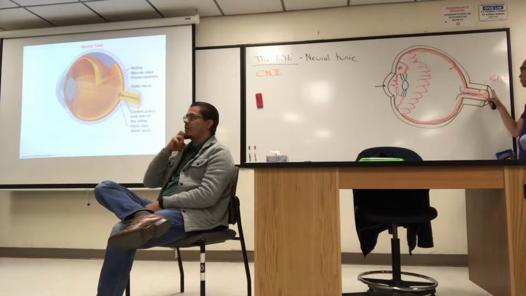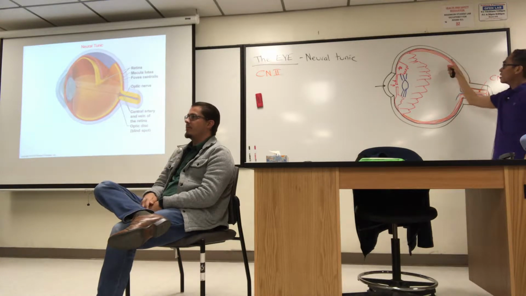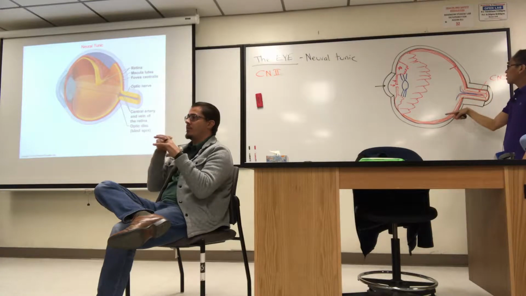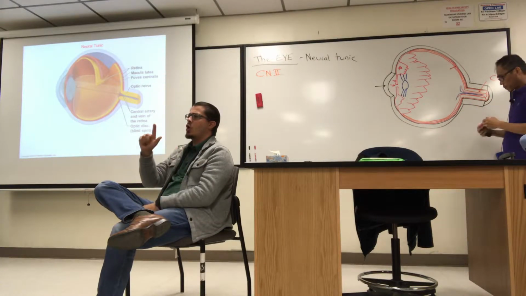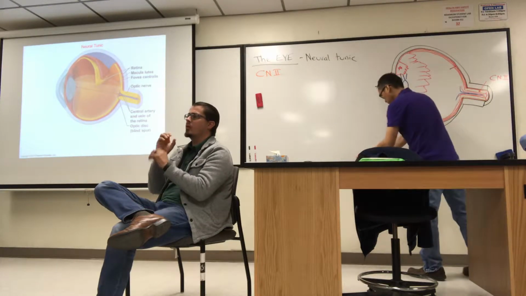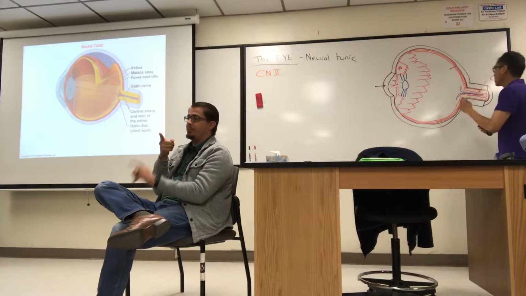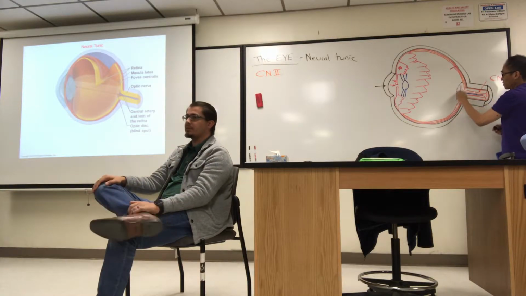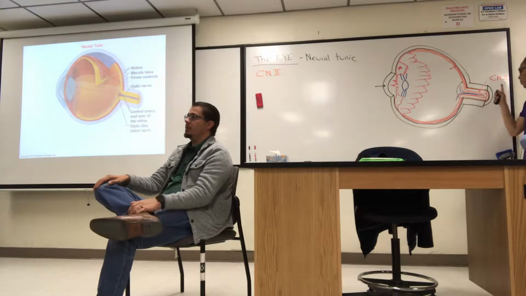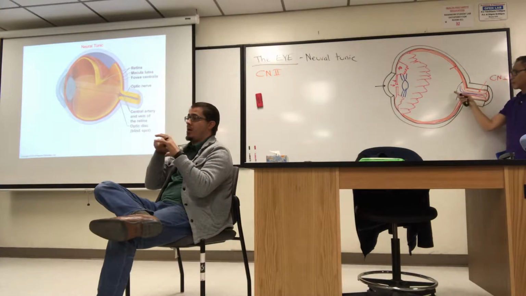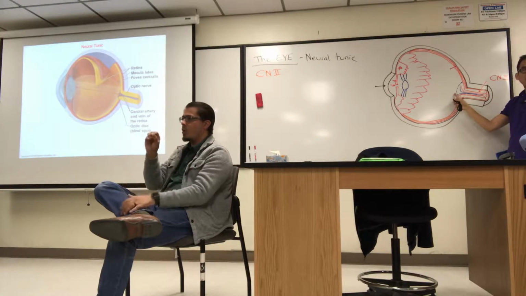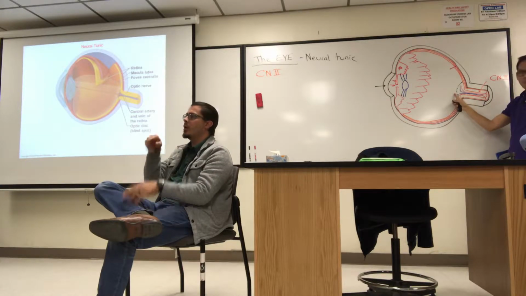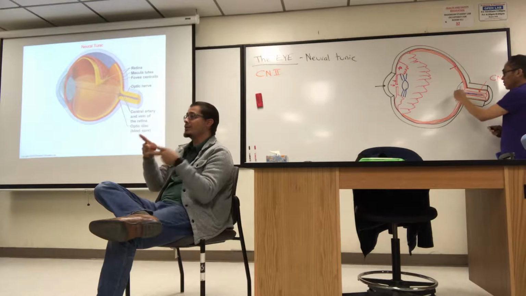As the nerves go inside, they form the neural tunic. There's a couple of points here. One point where the blood vessels come in, where the optic nerve kind of comes in and spreads around, there's no photoreceptors there. So they call that the blind spot, or the optic disc.